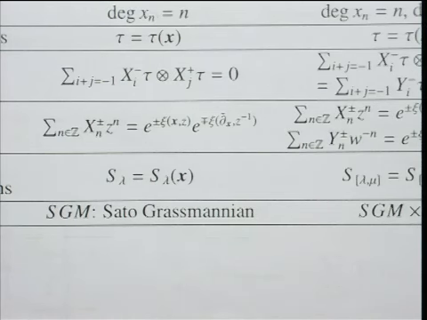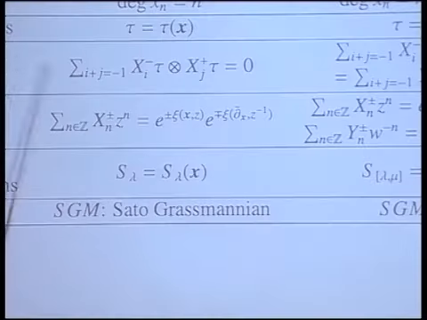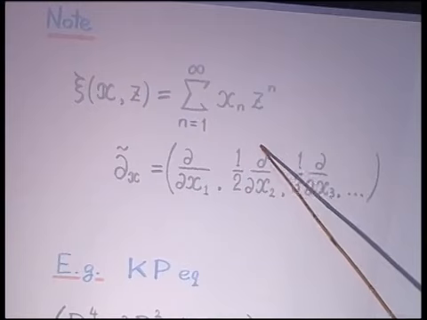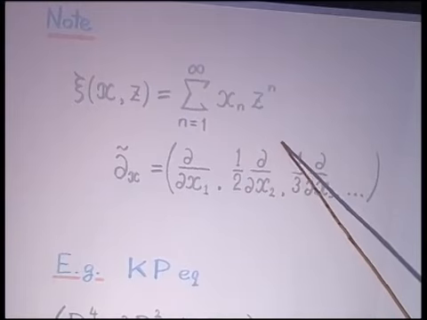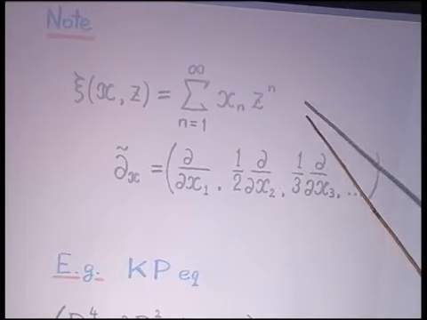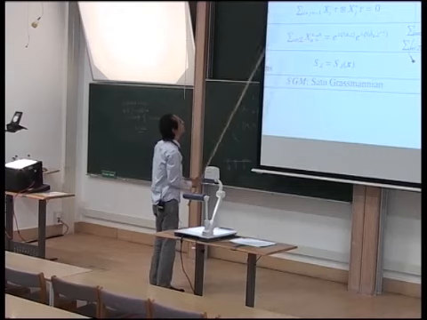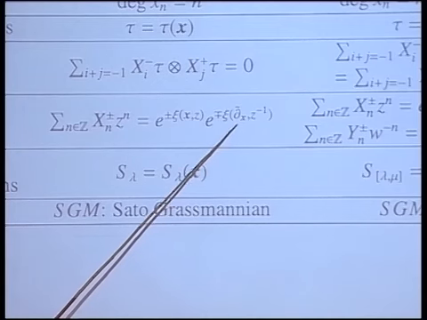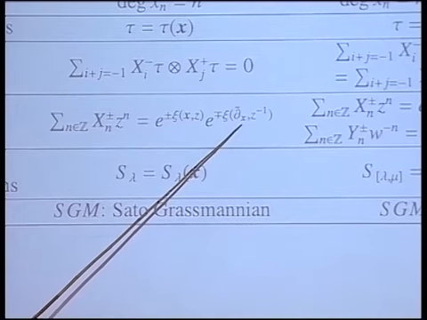Yeah, this C of xz is just this generating series, the generating function of xn times dn. And here we substitute the derivative with respect to the time variables.